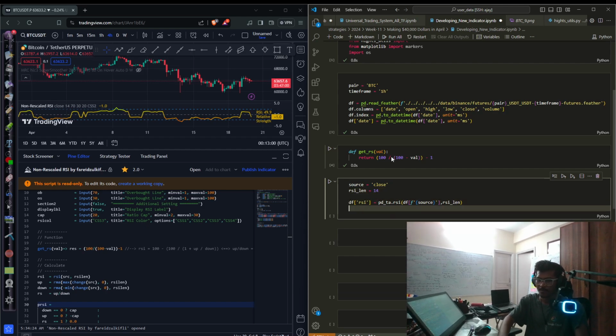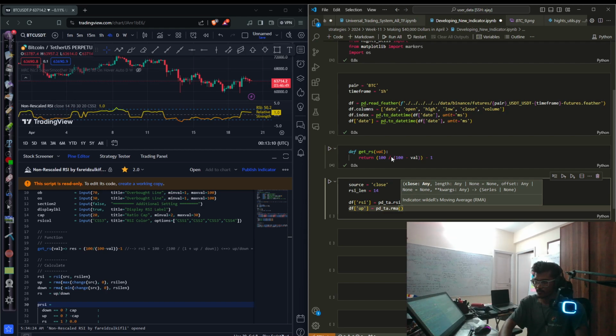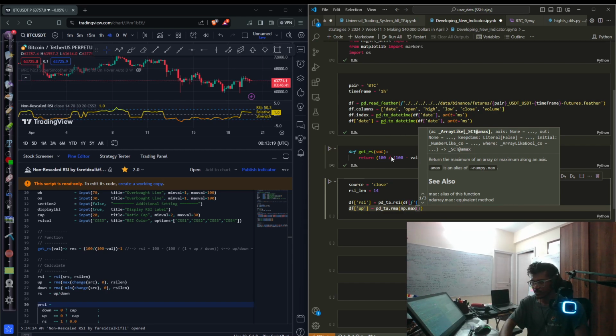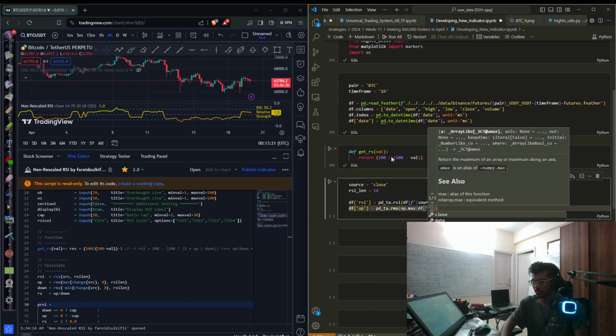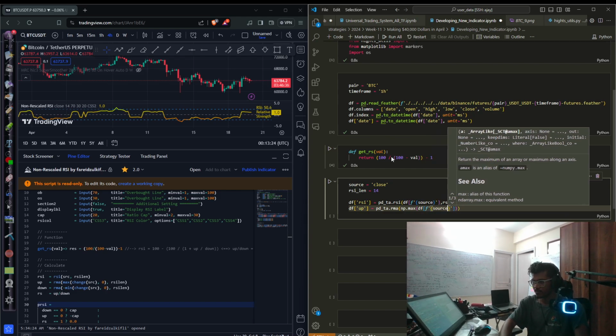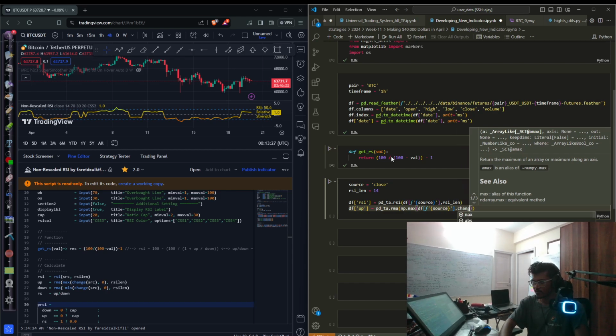Now up would be pd.ta.rma, Wilder's moving average. What it does is it takes the max of the change from the source, the percentage change, and it takes the same RSI length.